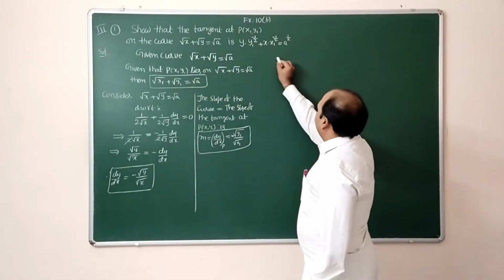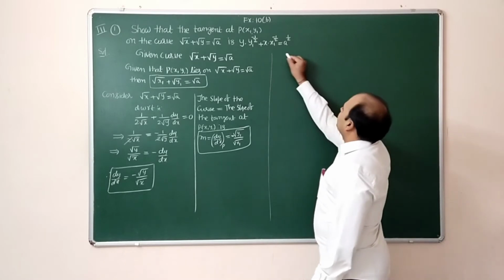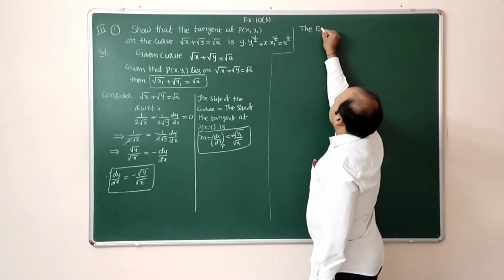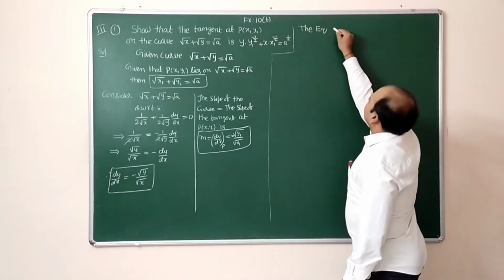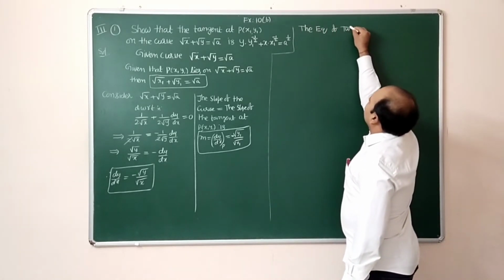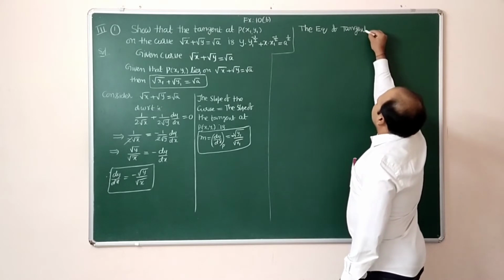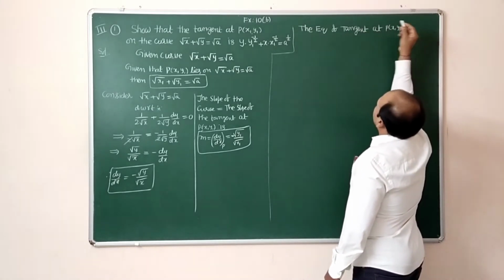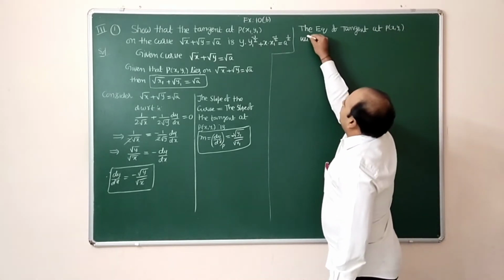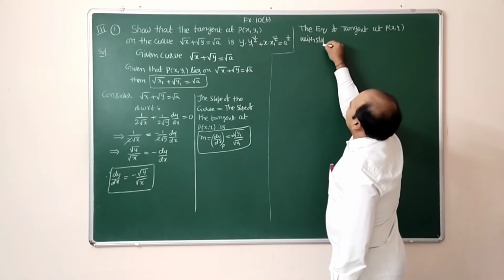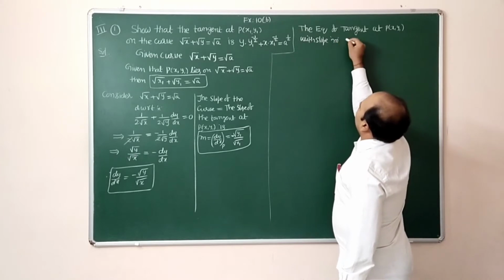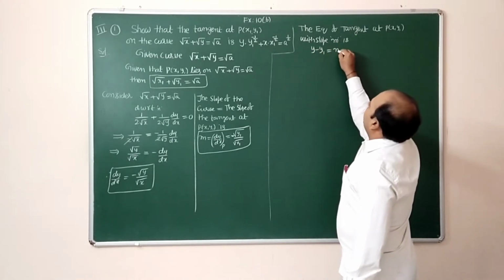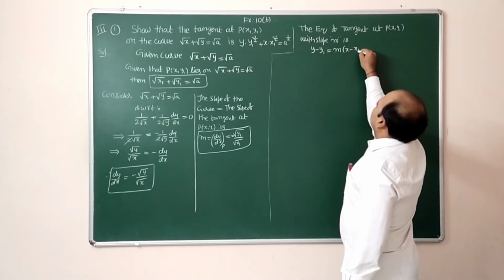In the next step, the equation of tangent at P of x1, y1 with slope m is y minus y1 equal to m into x minus x1.